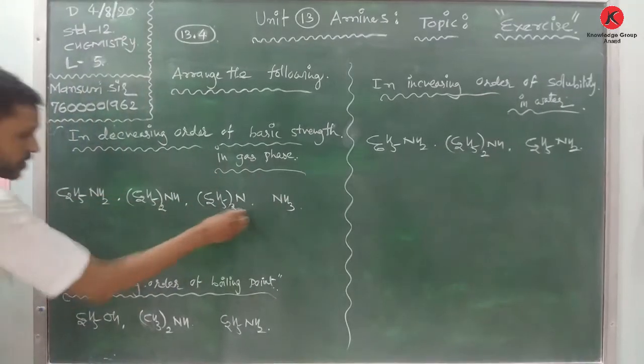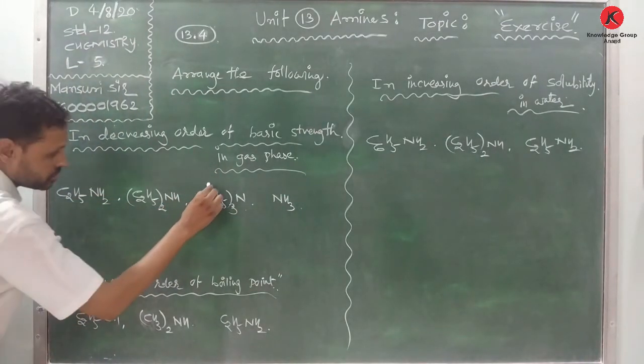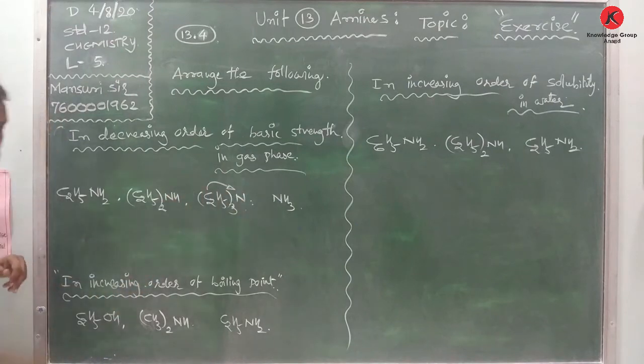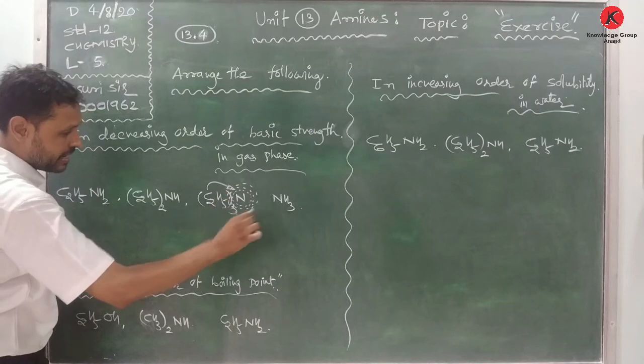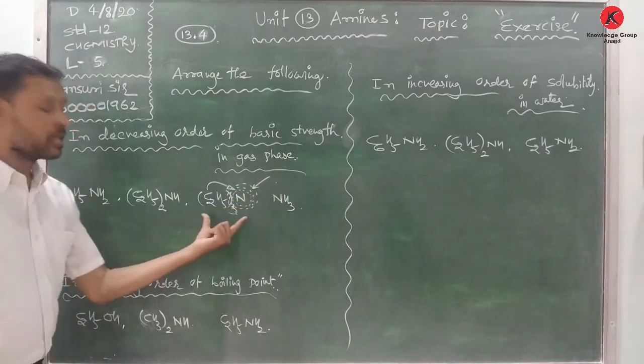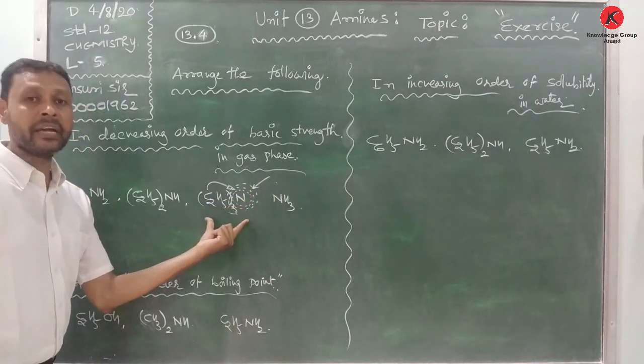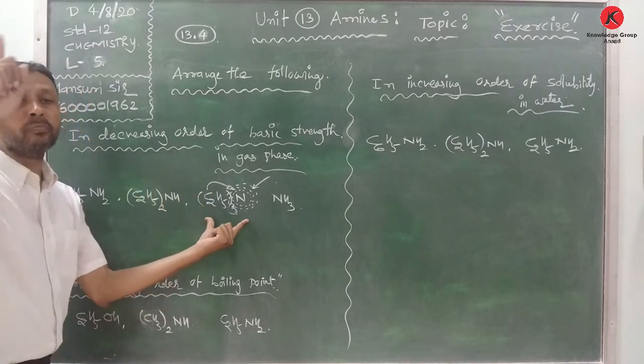So here tertiary amine, because there are 3 alkyl groups, so electron density on nitrogen will be very high. That is why protonation will be very high. So tertiary amine is more basic.